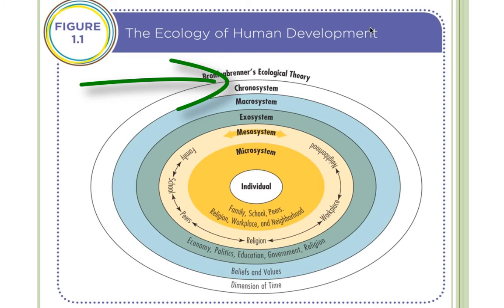And then the chronosystem, this is a rather unique sort of level. Here we're talking about the dimensions of time as it relates to social environment. So this could mean the time between 100 years ago to today to 100 years in the future. That's chronological, that's time, and how things will change just based on time alone.